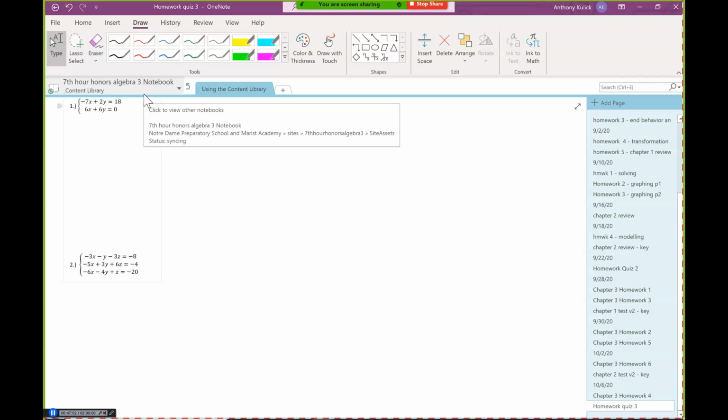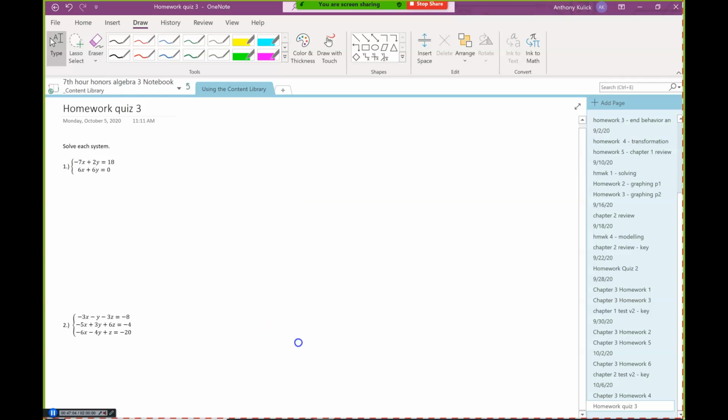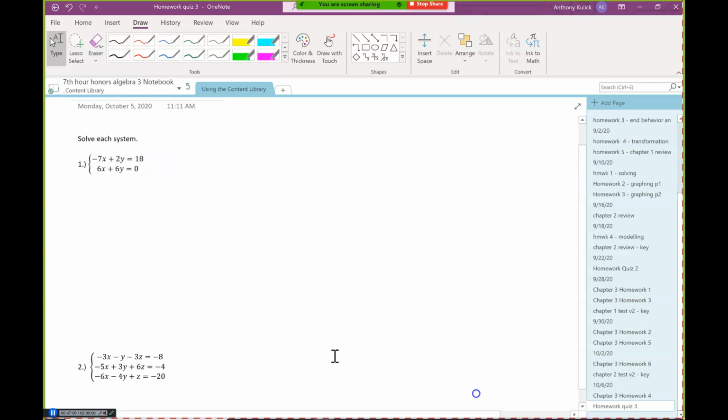So if you sync again here in a minute, it should pop in. So you'll copy and paste this page into your own notebook, answer these questions in OneNote, and then upload that into the PowerSchool Dropbox for this assignment.